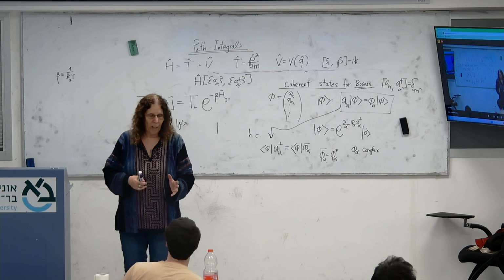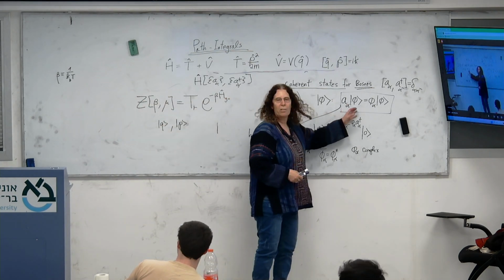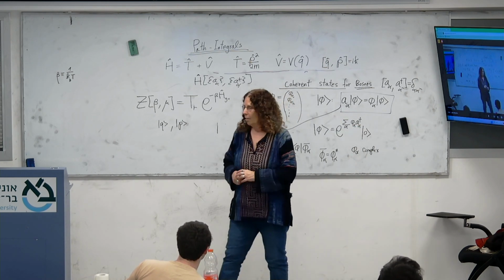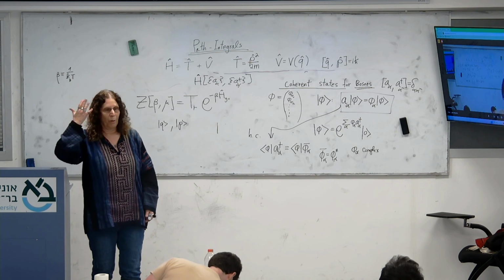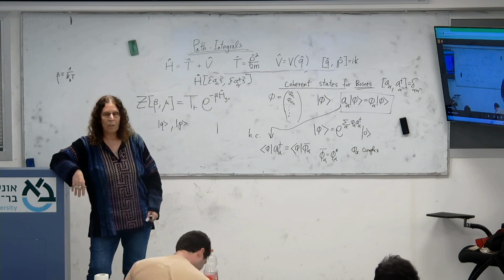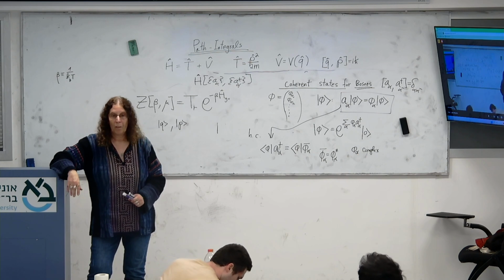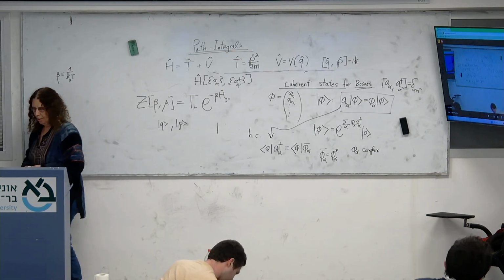It's the same trick, except that now we're working in a basis of coherent states. Okay? And then you will get something that is at the end kind of similar to what we got before, which is an exponential of an action. Okay? So yeah. Thank you. See you next week.